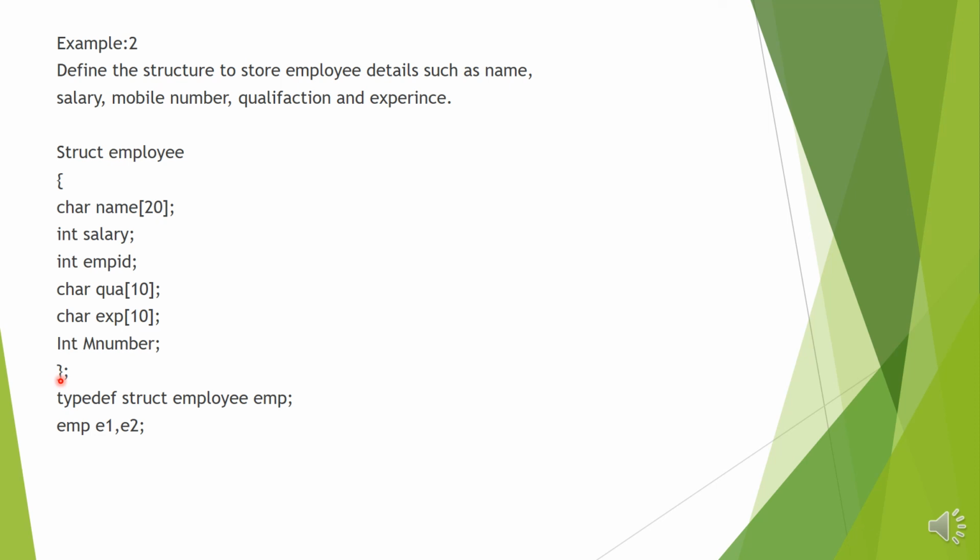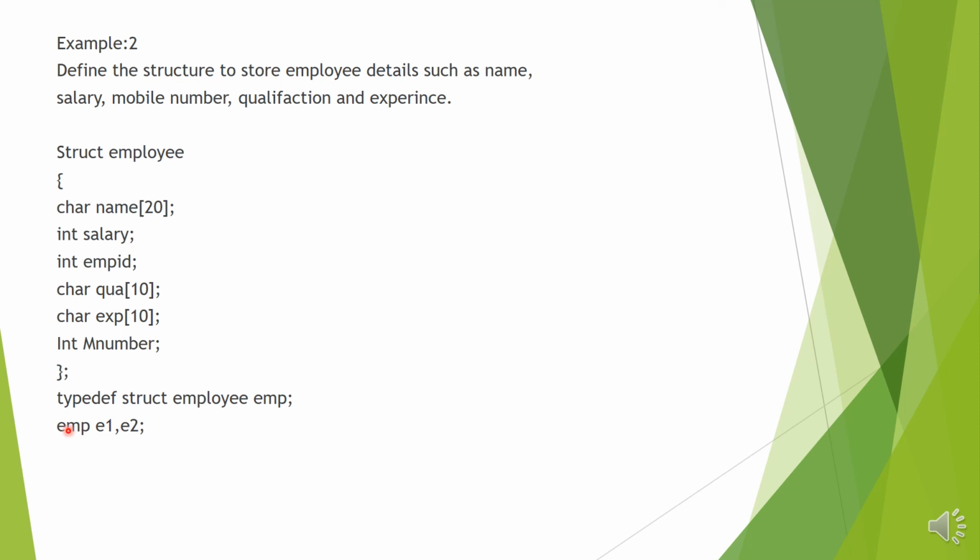After this we have to use the typedef command to declare the user defined data type, that is typedef struct employee emp. So emp is your user defined data type which is used in further functions, that is main and other functions, to create variables.